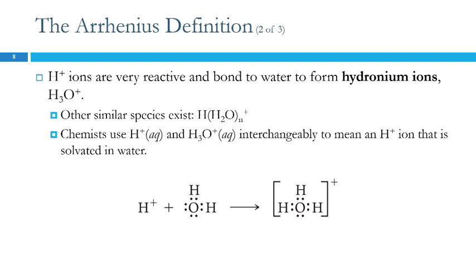And we just kind of go back and forth whenever it feels convenient. And so you need to understand that they both refer to exactly the same thing. There are no hydrogen ions floating around by themselves in the water. Any hydrogen ion that gets formed immediately takes a ride on a water molecule.